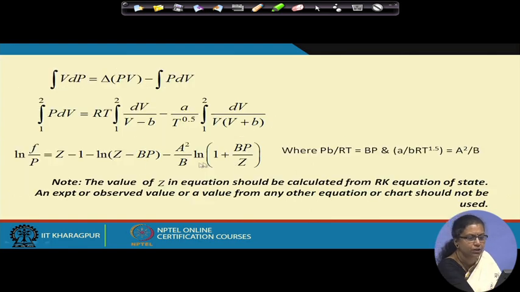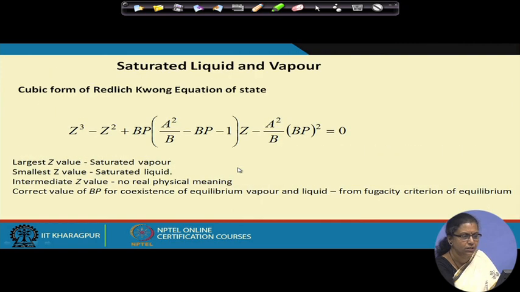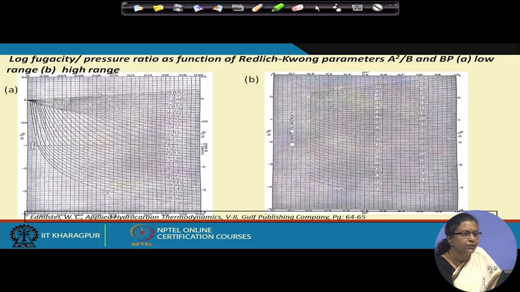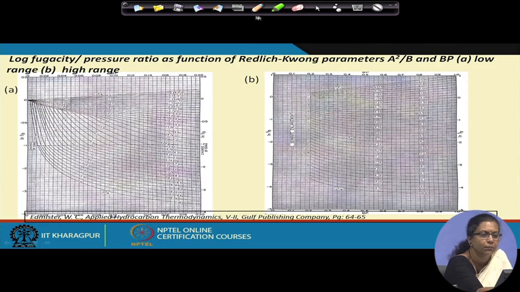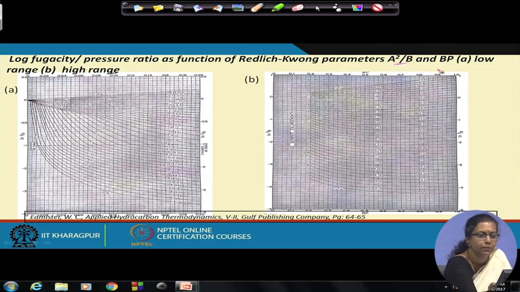Now, other than that, just like I had shown you the Lee-Kessler plots, solving this particular equation and the equation for Z, we can generate a set of curves which can give us the fugacity coefficient in terms of the Redlich-Kwong parameters, which are a square by b and Bp. These curves have been plotted under two conditions.